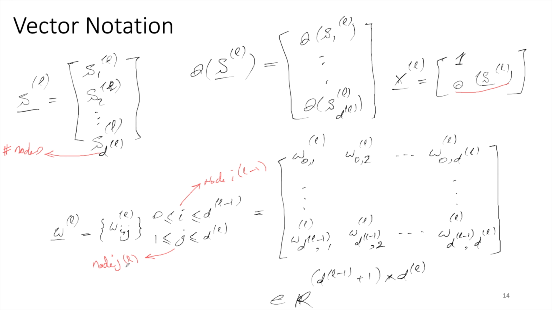So W, starting from W0,1 of L, up towards WD of L, and then you go forward to the last W, W of D, L minus 1 of L, and D of L, and they are within the R space of dimension D of L minus 1 plus 1, because of your bias, multiplied by D of L layers. So in the backprop, you have to compute the derivation of all of those.